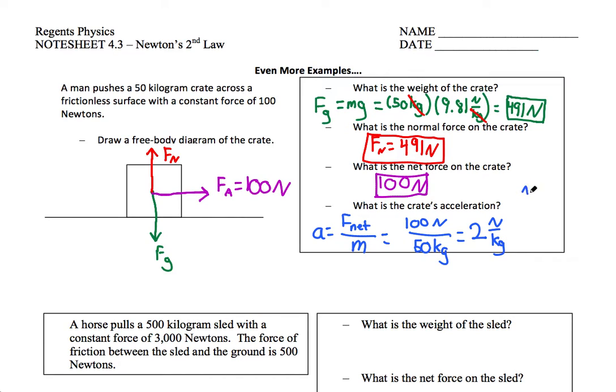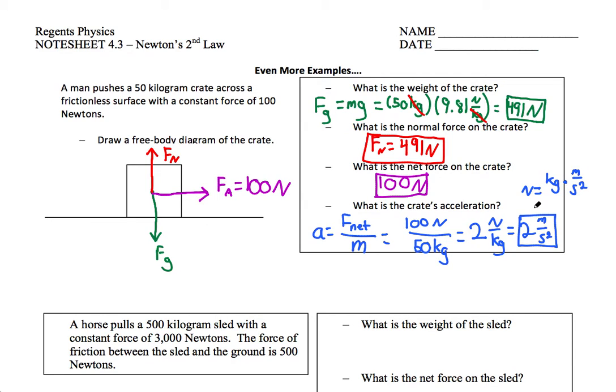But remember we said that a newton is a kilogram times meters per second squared. So if I've got kilograms times meters per second squared up here, and I'm dividing by kilograms, then my kilograms cancel, and all I'm left with is meters per second squared. So this is indeed 2 meters per second squared, which is an acceleration. That's good. Those are units of acceleration.